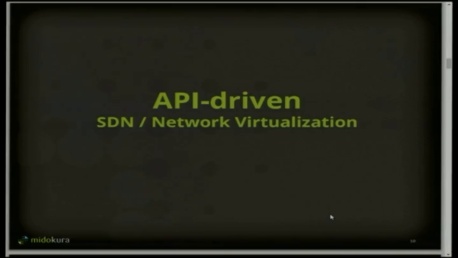SDN network virtualization has got to be API driven. We need to be able to programmatically define and control the behavior of the network. It should provide a clearly defined API, and we don't want to go to each router and server to do manual configurations.